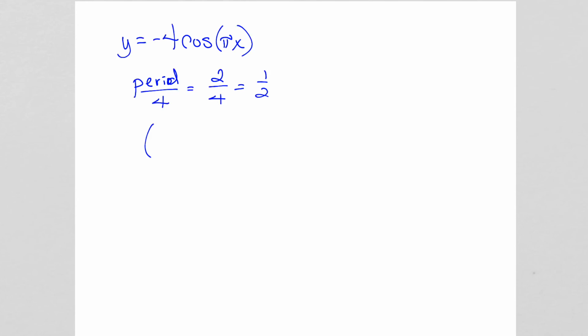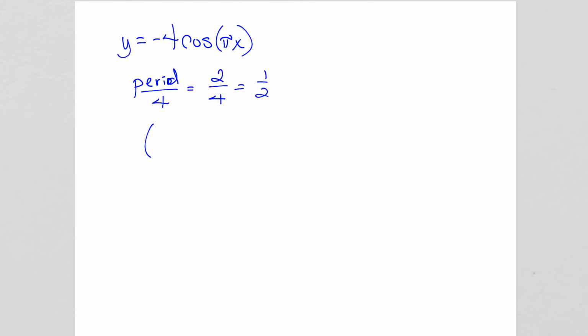So we've got a few things going on here. First of all, there's a negative in front. And that negative tells us that our graph has flipped or reflected over the x-axis.